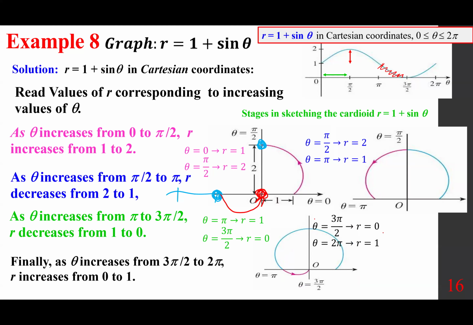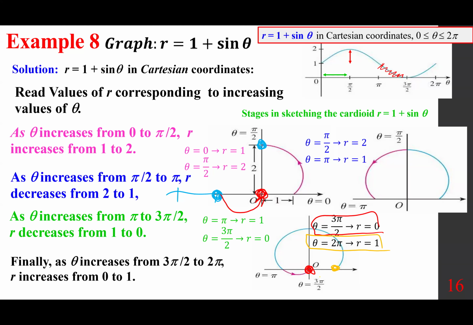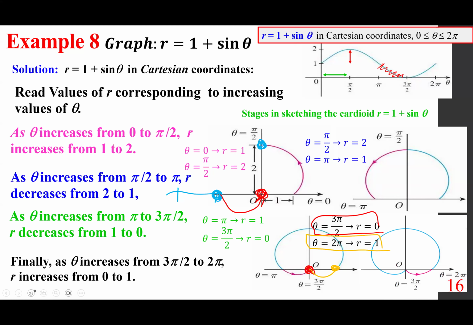So this one, everybody, we are here. This one at 2 pi, we are here, so we're moving this way. That's the final answer. Again, let me erase my work.